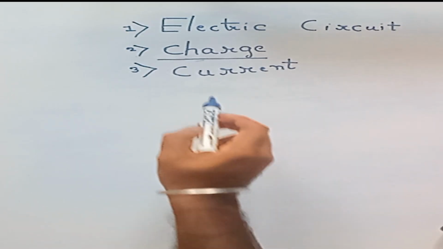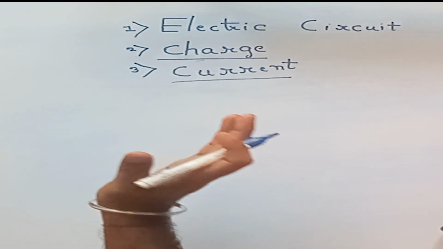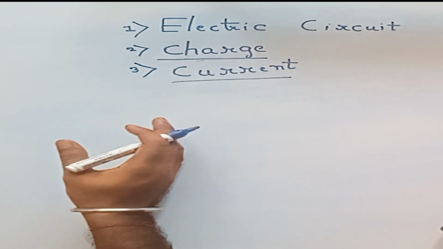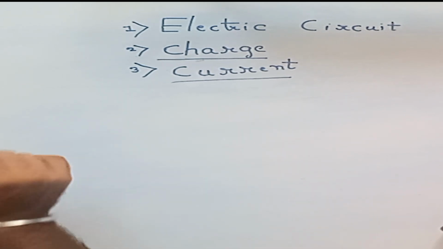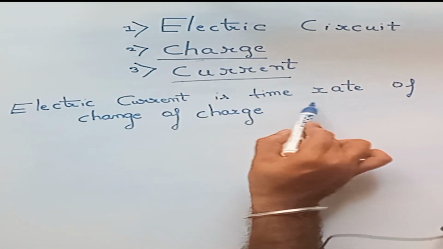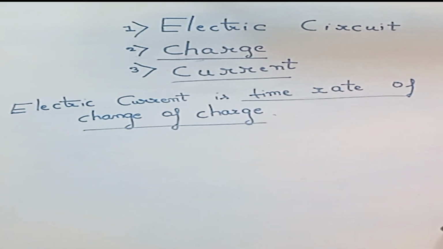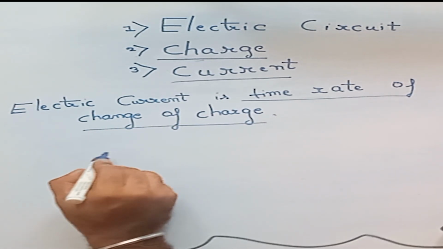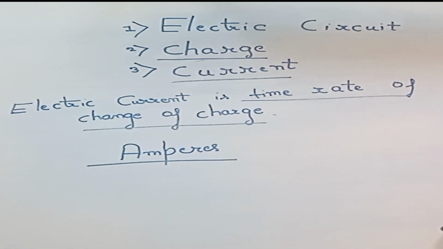Now let's see what is current. We have seen what is a charge. The motion of charges creates electric current. By definition, electric current is the time rate of change of charge, measured in amperes.